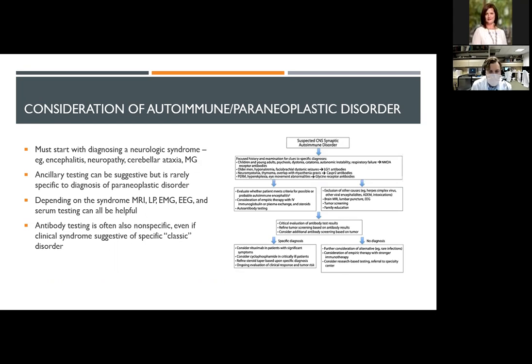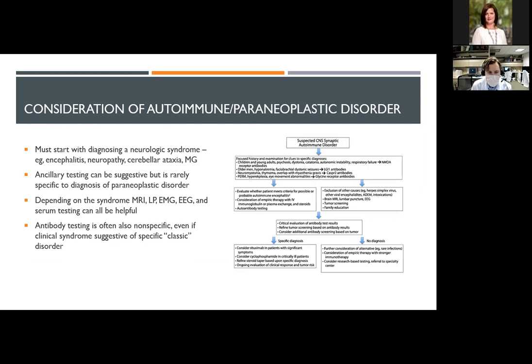So the general idea is, first, starting with your history and exam, do you have a neurologic syndrome that fits some paraneoplastic disorder? We're focusing more on encephalitis here, but it can be neuropathy, cerebellar degeneration, myasthenia gravis, or Lambert-Eaton myasthenic syndrome. There are a lot of different individual syndromes that can be paraneoplastic, but may be one of a lot more common mimics.